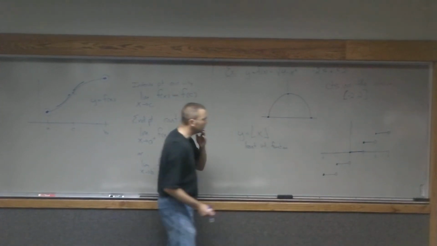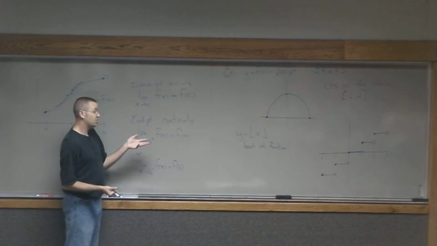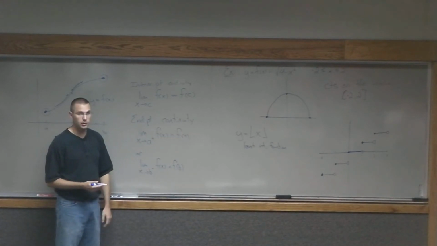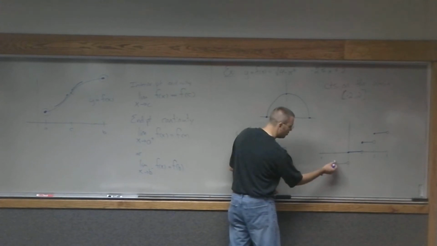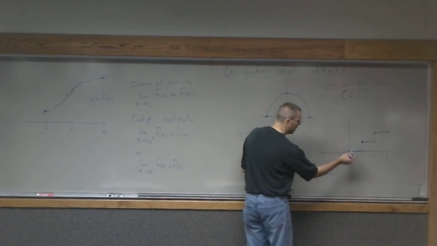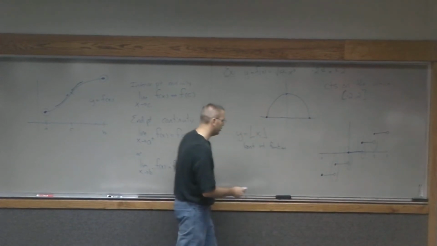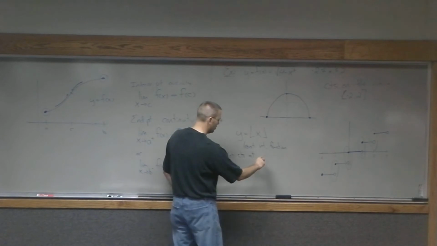Well, that question is probably a little harder to answer than the not continuous question. Where is this function not continuous? It's not continuous everywhere I have this jumping behavior. So this function is not continuous at integer values.